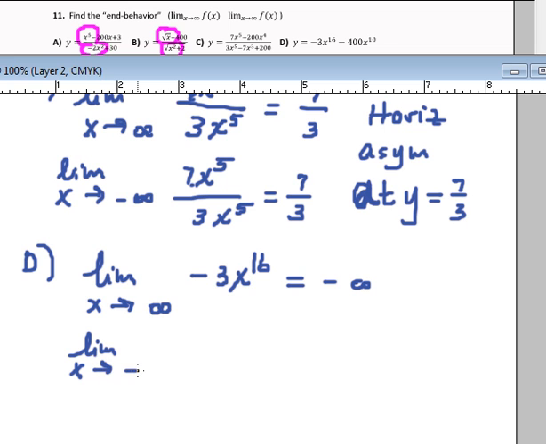And as x goes to minus infinity, when we raise a negative number to the exponent 16, we have something positive. So this power of x will go to positive infinity, and because of the negative sign in front, again, the limit is minus infinity. So that determines the end behavior.